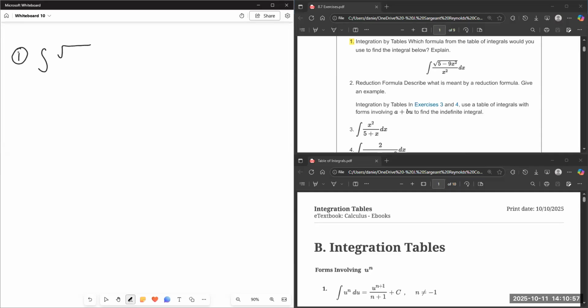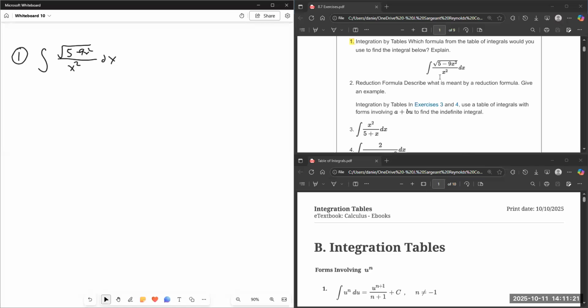So let's go ahead and look at the first problem, which says the integral of root 5 minus 9x squared over x squared dx. They want to know which formula from the table of integrals you would use to find the integral below.